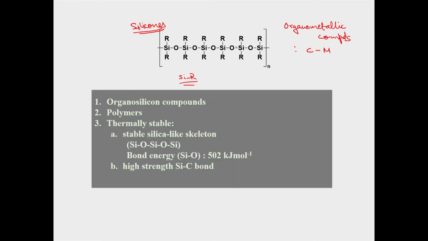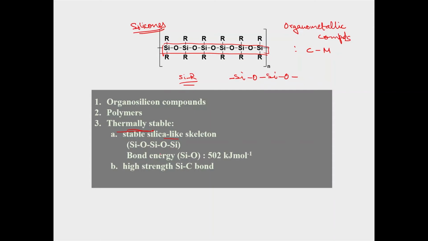Now if we look into the structure, we can see that they have this Si-O type of linkage. This is the silica-like skeleton. These silicones are thermally stable, and the stability comes from their stable silica-like skeleton, which is the Si-O-Si type of chain.